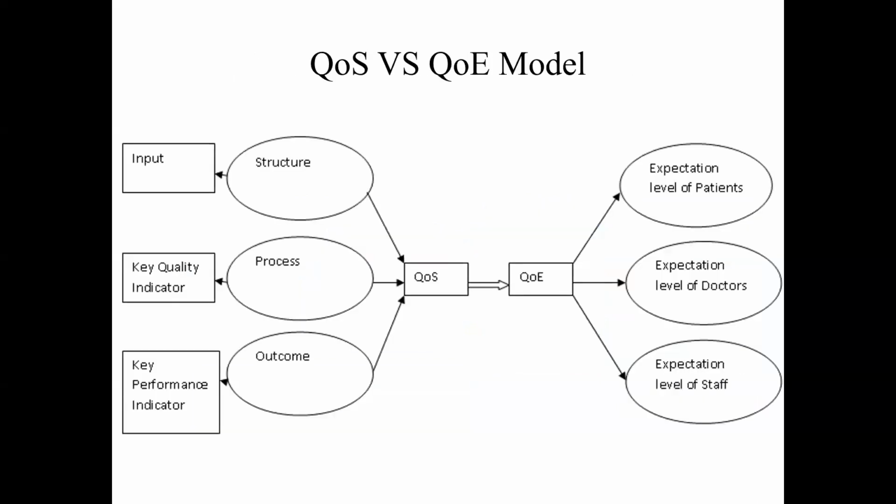So this is the core QoS versus QoE model. The QoS comprises structure, process, and outcome, in which structure contributes to input, process contributes to key quality indicator, outcome contributes to key performance indicator, and the quality of expectation contributes to expectation level of patients, expectation level of doctors, and expectation level of staff.